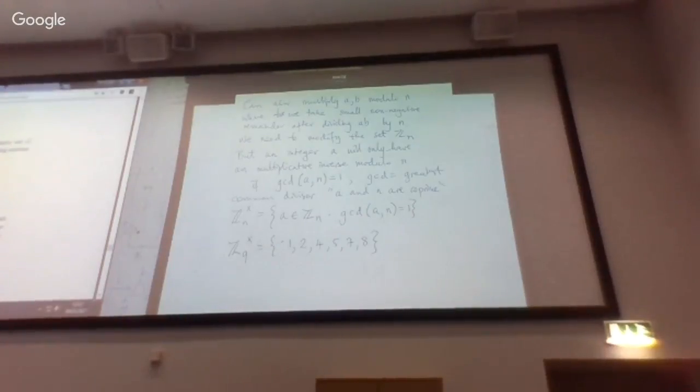The greatest common divisor of 3 and 9 is 3, and of 6 and 9 is 3. And we're only considering the things up to n minus 1. So the underlying set for the group Z9 under multiplication modulo 9 has 6 elements.